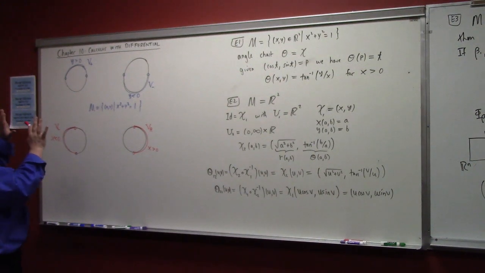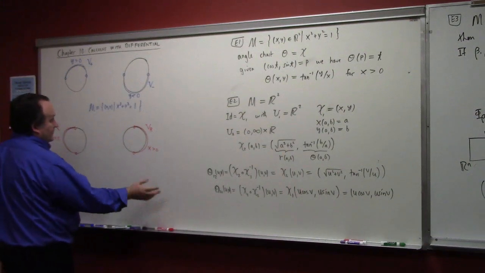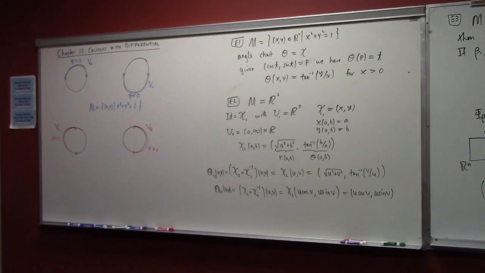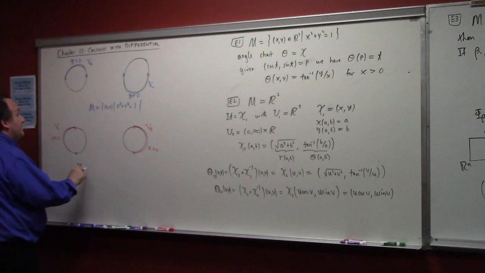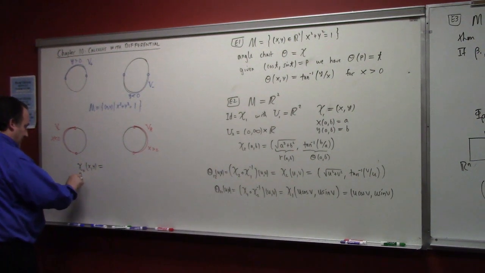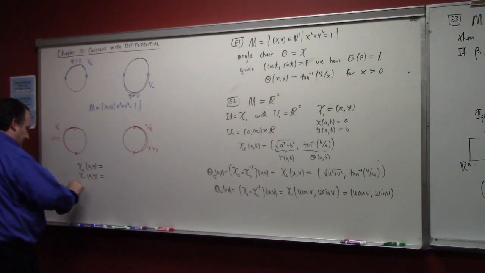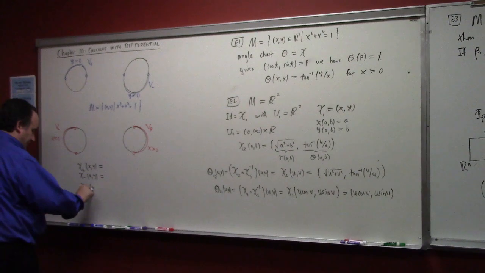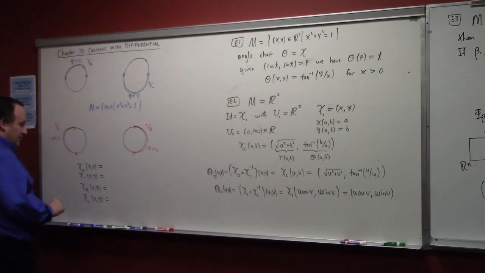And so these are the domains for the coordinate charts, and I will name the coordinate charts through a similar notation. All right. So here's the formula. Chi plus of xy equals something. Chi minus of xy equals something. Chi R of xy equals something. Chi L of xy equals something.